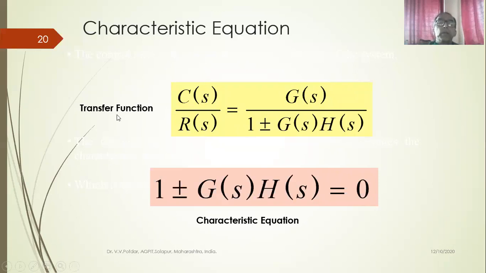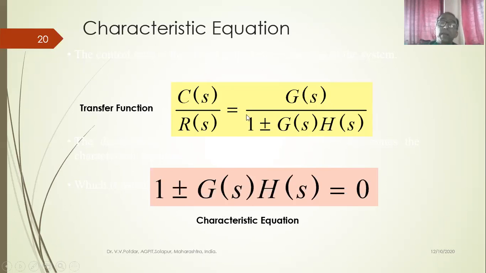So output by input, the transfer function, is equal to G(s) upon 1 plus or minus G(s) into H(s). Remember this very carefully. The denominator of this closed loop transfer function, when it is equated to 0, that is, 1 plus or minus G(s) H(s) equal to 0, is called the characteristic equation of that system.